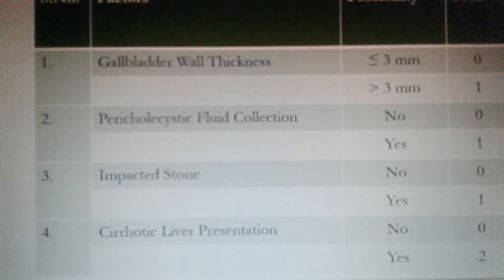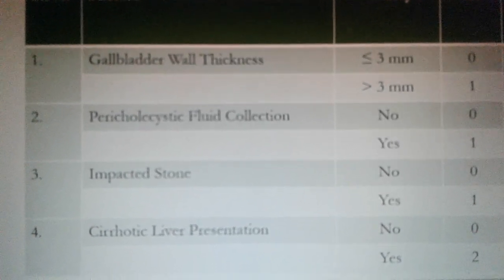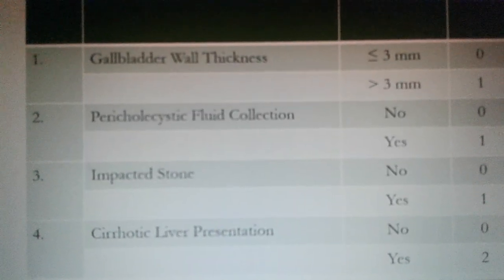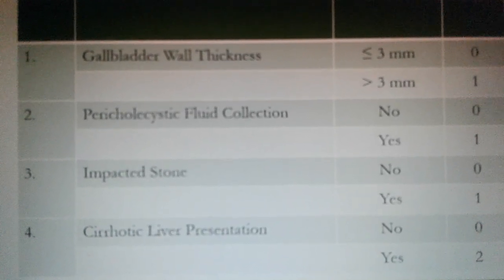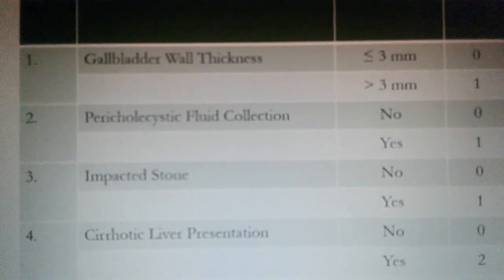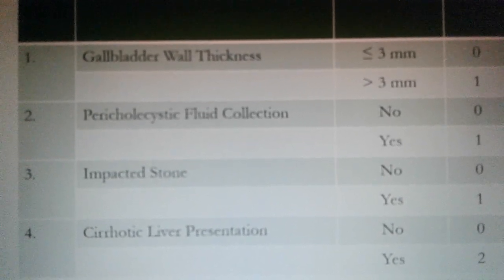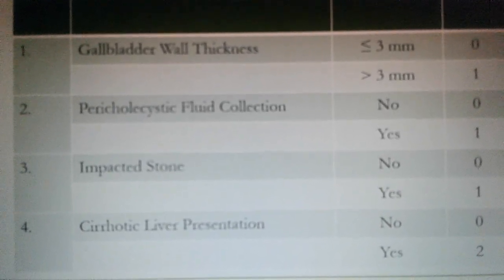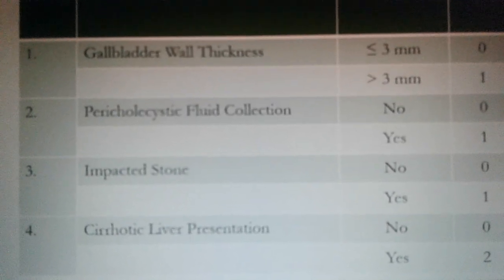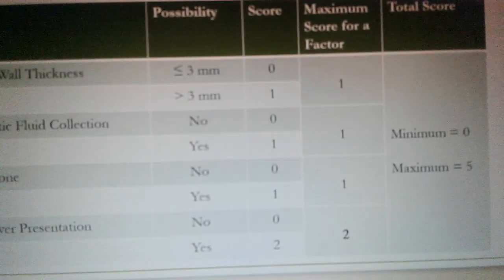So look for the gallbladder wall thickness comment, then pericholecystic fluid collection, the presence of any impacted stone in the cystic duct or the gallbladder. And the fourth group is cirrhotic liver presentation or features suggestive of portal hypertension. These are the 4 common groups we have taken into account in the sonography factors.